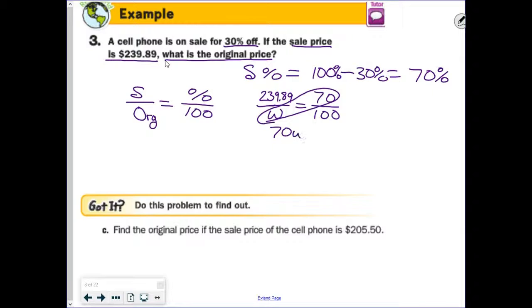So 70W is going to be equal to 100 times 239.89. To get W by itself, we will divide by 70 on both sides.